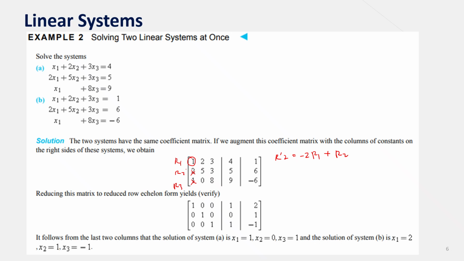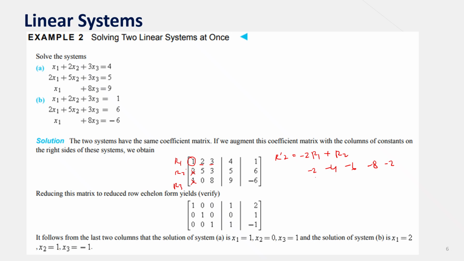So what you do is first you will have minus 2: 1 multiplied by minus 2 is minus 2, and then 2 multiplied by minus 2 is minus 4, 3 multiplied by minus 2 is minus 6, and then 4 multiplied by minus 2 is minus 8, 1 multiplied by minus 2 is minus 2.